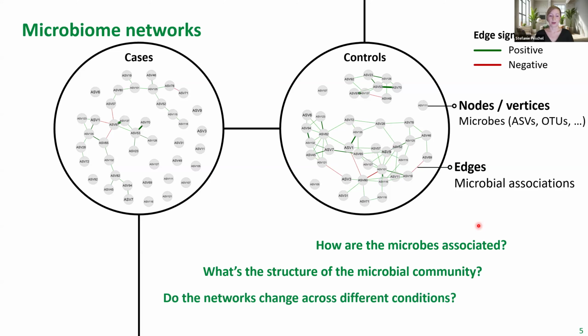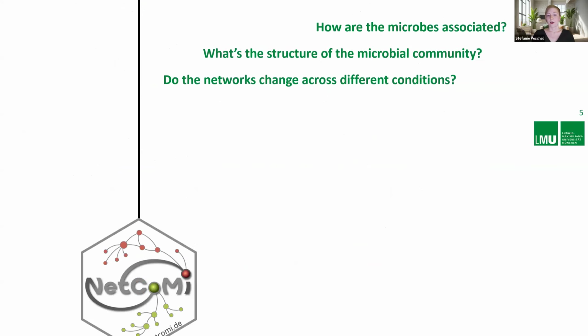Then you might ask if the networks change across these two conditions. You might want to know if certain associations change between these two conditions, or if the overall network structure or certain network properties change. And this is what I have written my R package NetCoMi for, in the course of my PhD studies and with the great support of my supervisors.